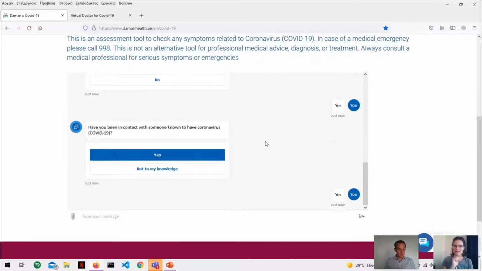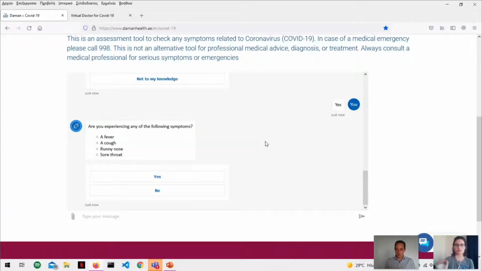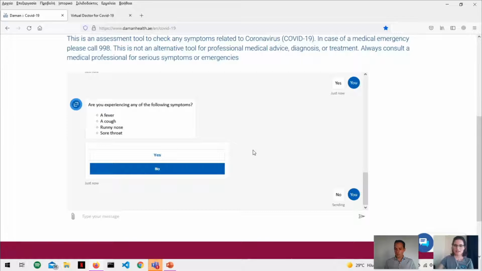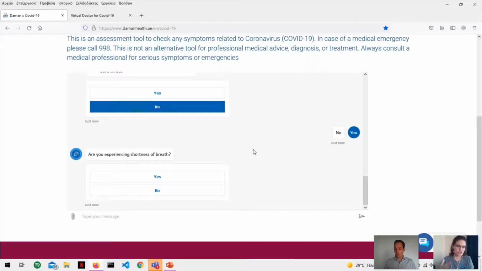In the last few questions for this very quick self-assessment, we are going to answer that we don't have any of the symptoms the bot lists, like fever or cold, and so on. So no. And our last question is if we are experiencing shortness of breath, which in our scenario we don't.